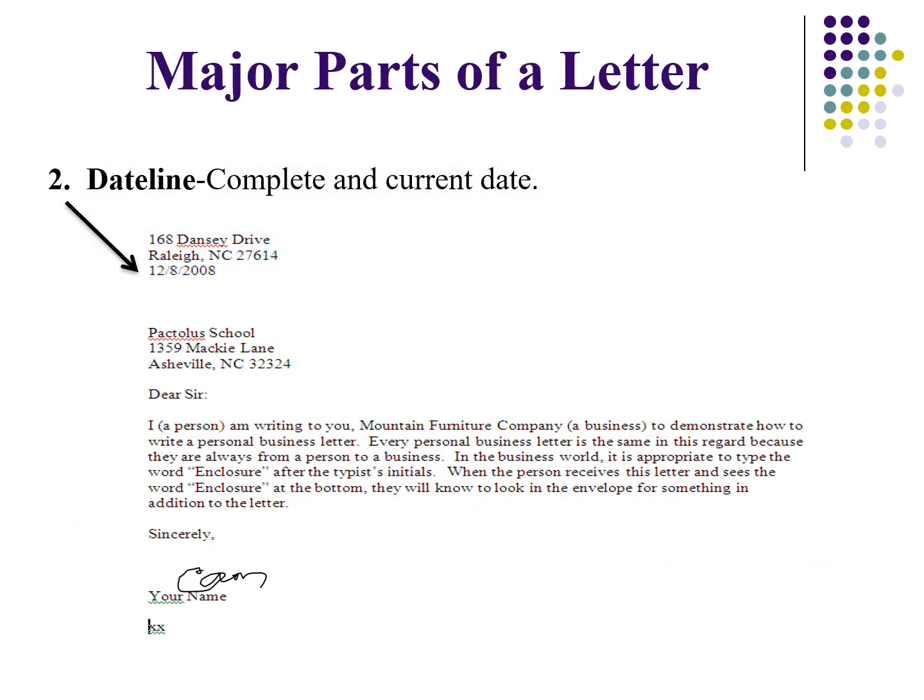The second one is the date line. The date line is the date on which the letter is being written. The complete and current date has to be given in the letter, and that is what is called the date line. Usually under the address of the person who's writing the letter, maybe 1 or 2 lines below it, the date line will be present.